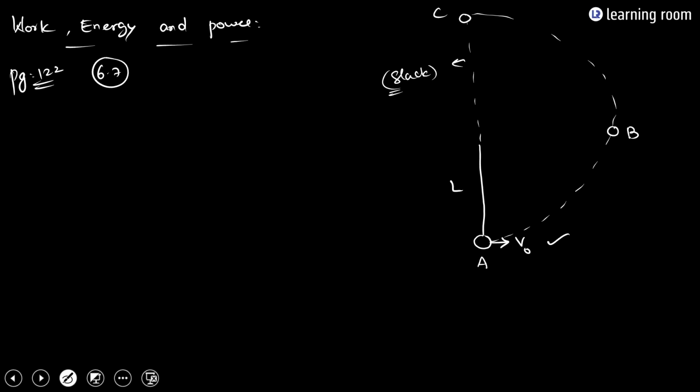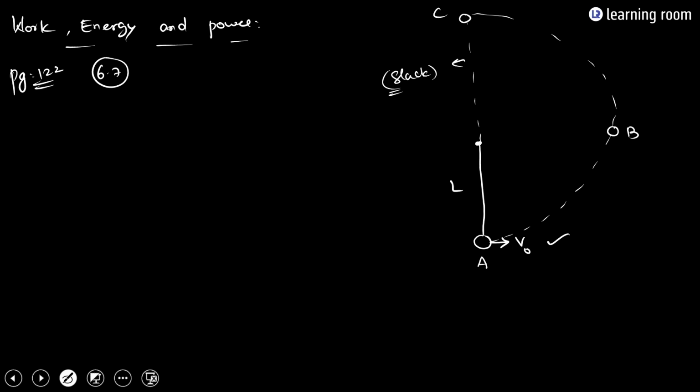Are you guys able to visualize this? There is a bob that is suspended. If you give a horizontal velocity, it starts rotating in a circular trajectory as shown in the diagram. Now the question is, what should be the minimum velocity that you need to give at the bottom so that it is able to complete a semicircular trajectory?